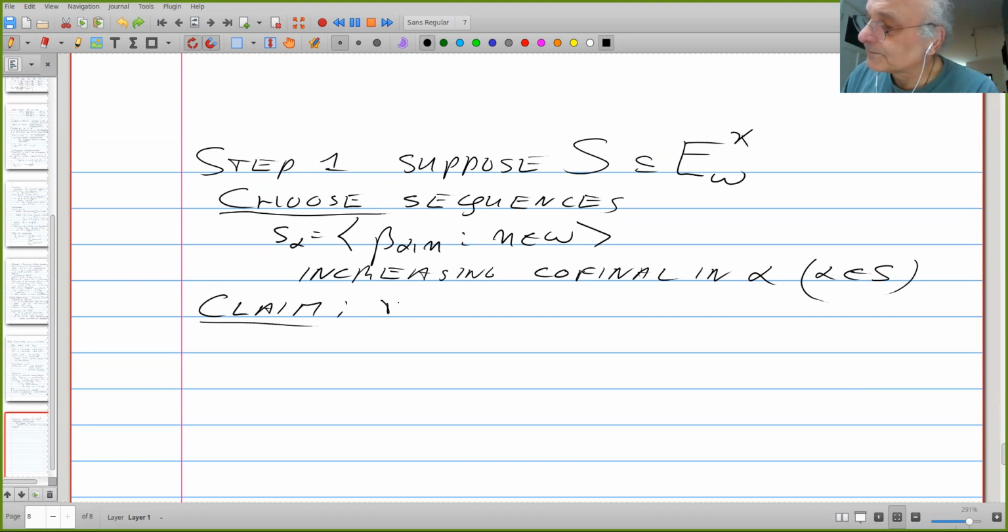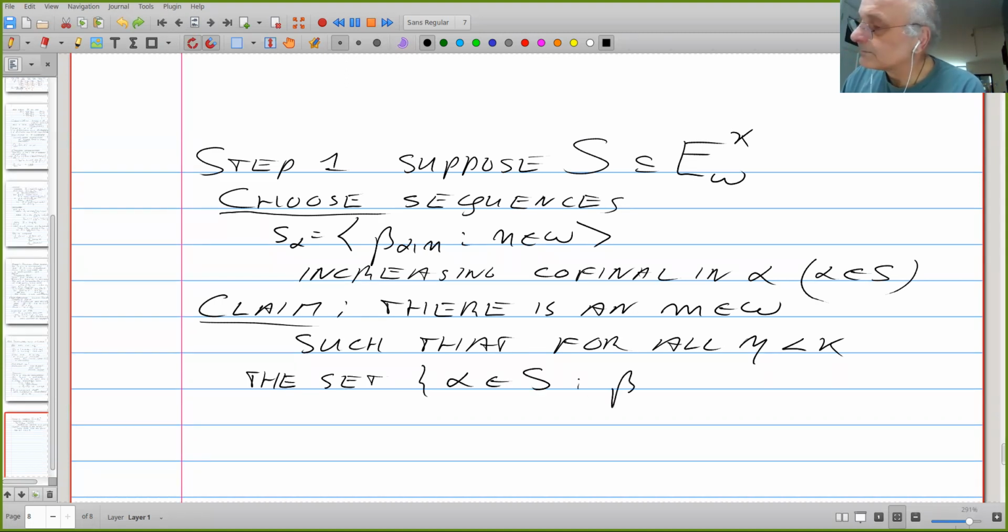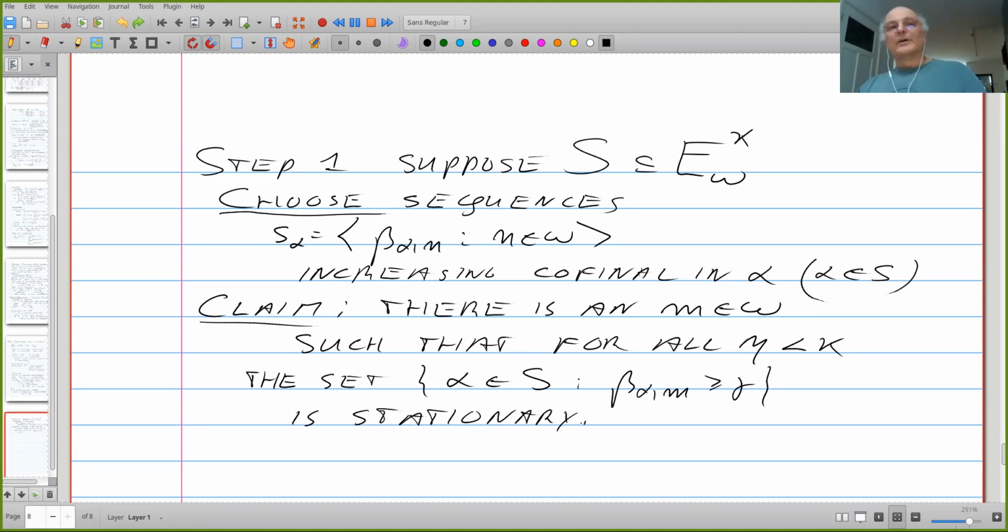There is an n such that for all eta less than kappa, the set of alphas in S with beta alpha n greater than eta is stationary. Okay, this takes a moment to chew on.